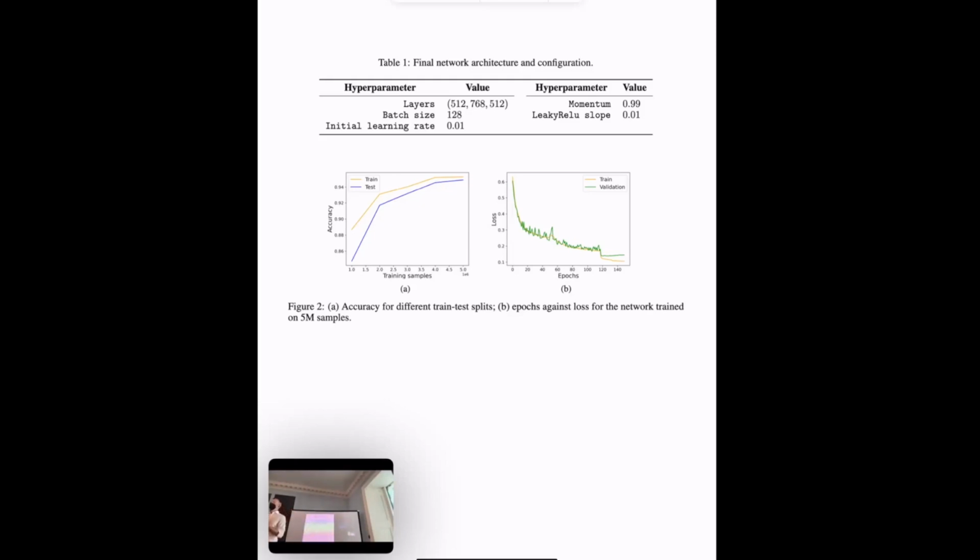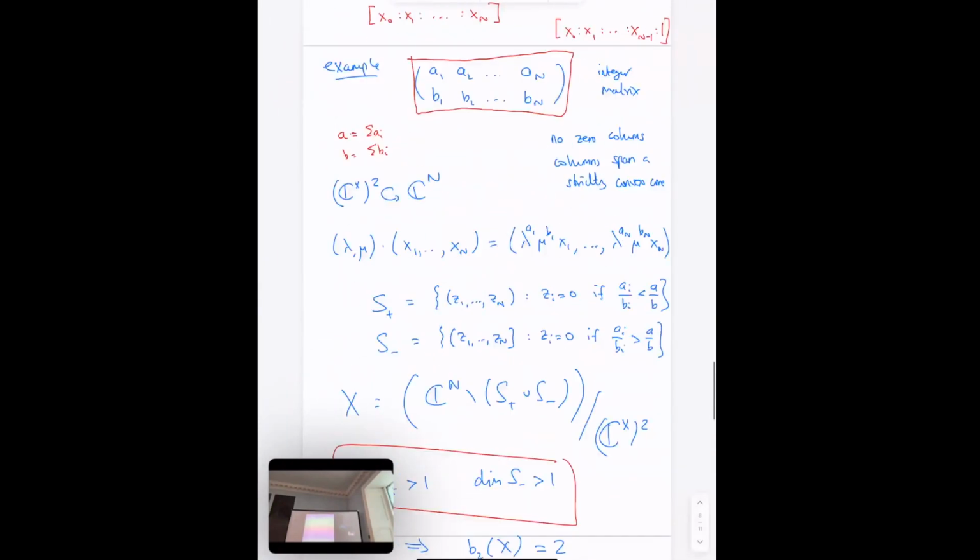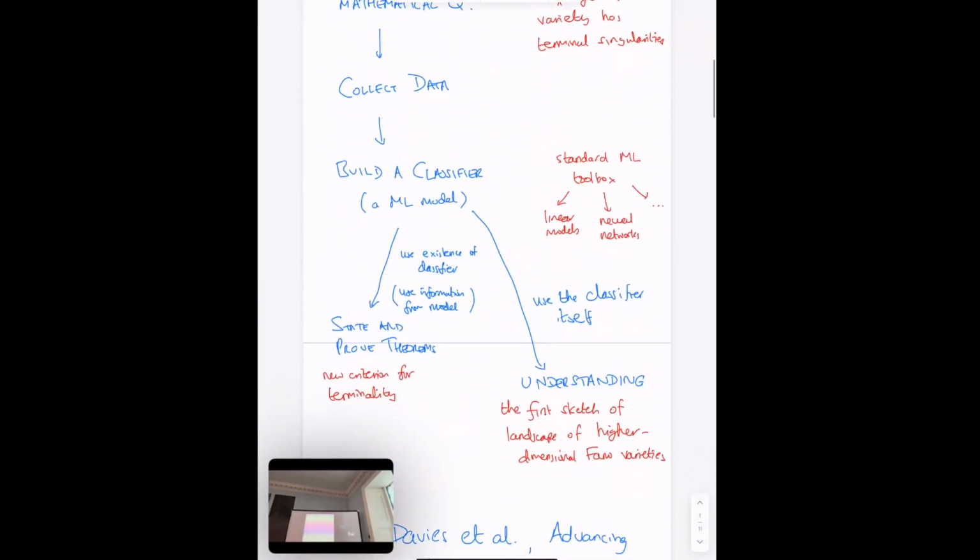So that's a pretty substantial clue that there's a mathematical result here, right? And so at this point, if we go back to the paradigm at the beginning, the fact that the classifier exists suggests that there's a theorem. So we should go find that theorem.